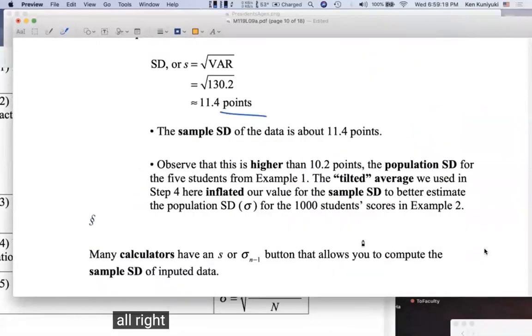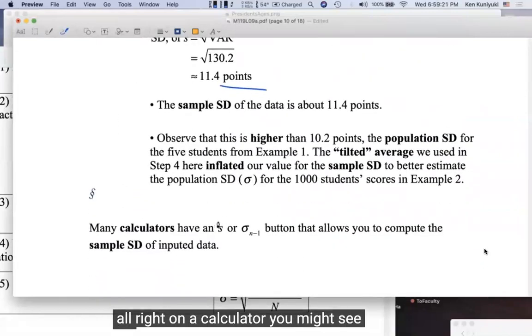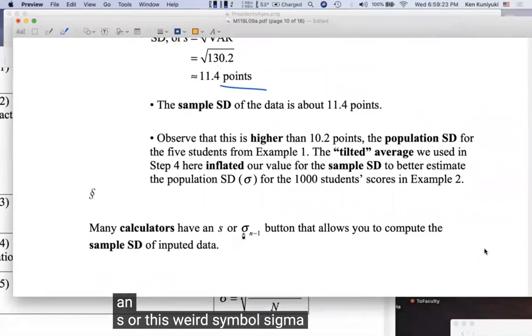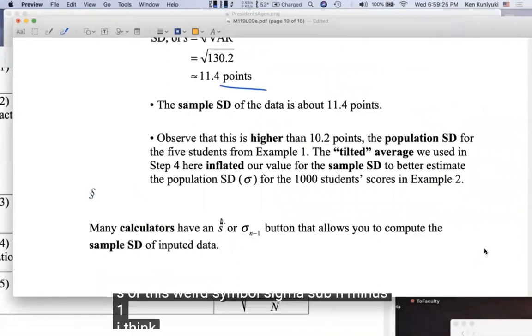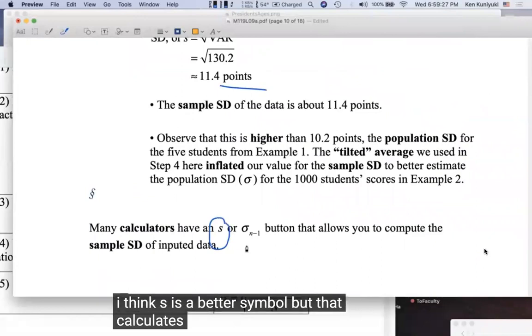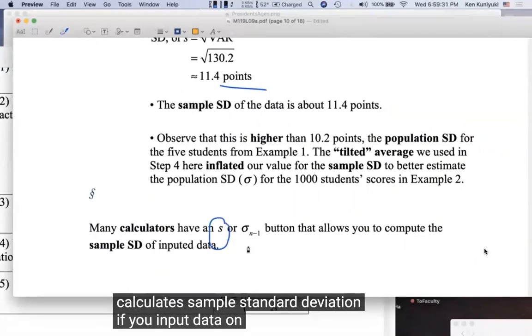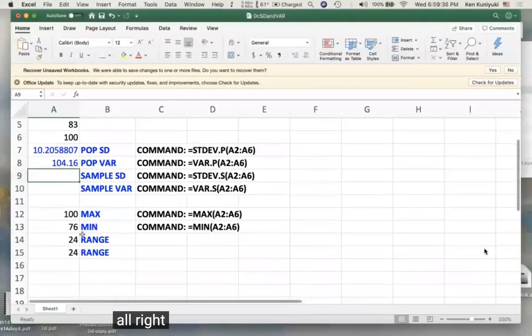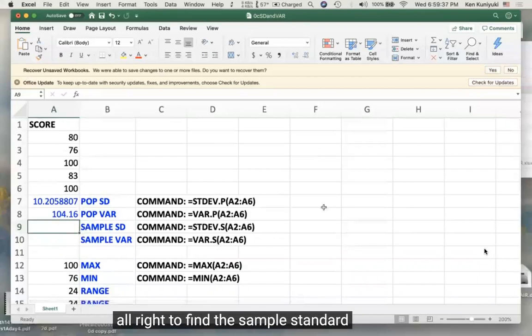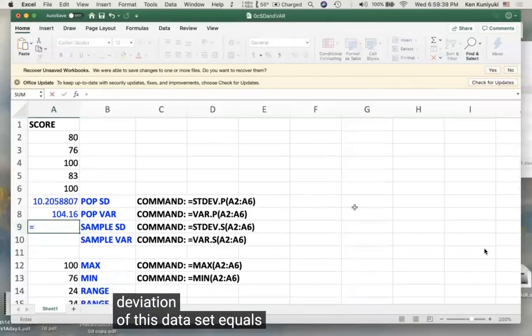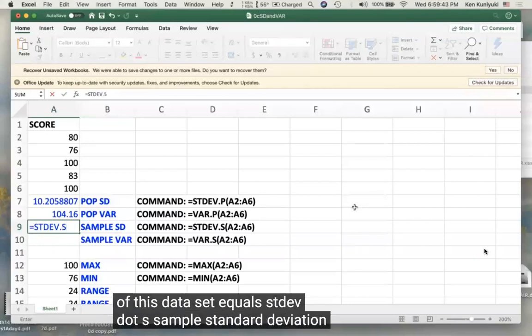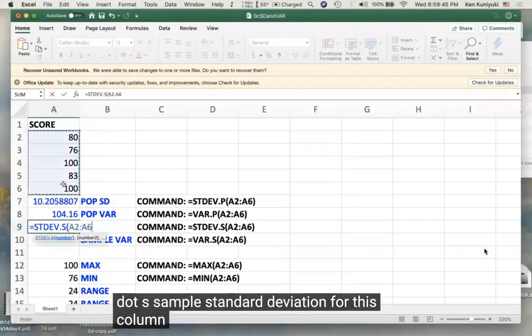All right. On a calculator, you might see an S or this weird symbol, sigma sub n minus 1. I think S is a better symbol, but that calculates sample standard deviation if you input data. On Excel, to find the sample standard deviation of this data set, equals stdev dot s, sample standard deviation for this column.